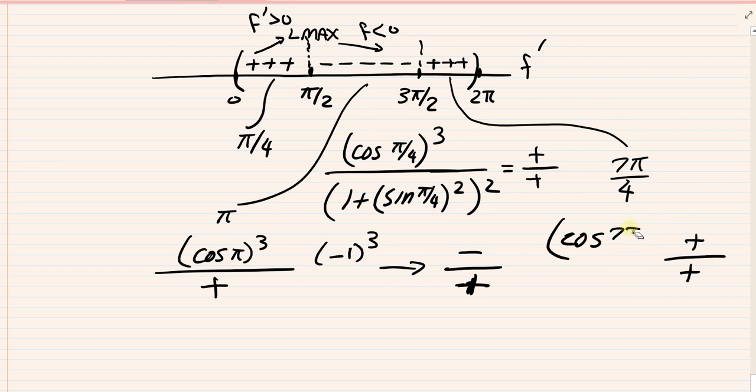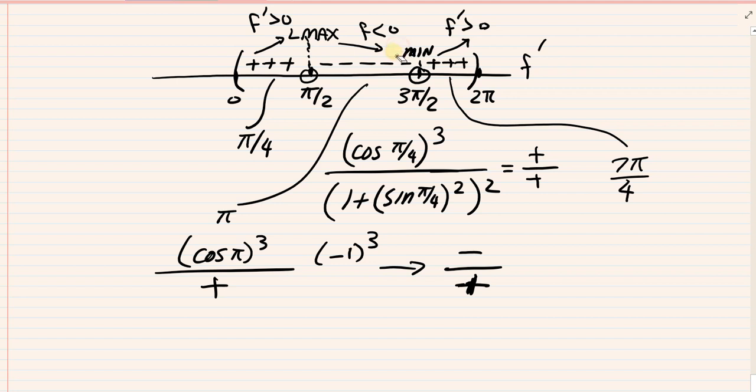We just want to look at the sign of the expression. And the derivative is now positive. F prime is positive. Again, the transition at 3 pi over 2, we have transitioned from negative to positive. So at that point, we have a local min, right? We have a local min at this point.